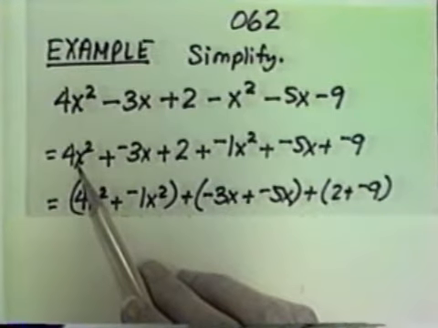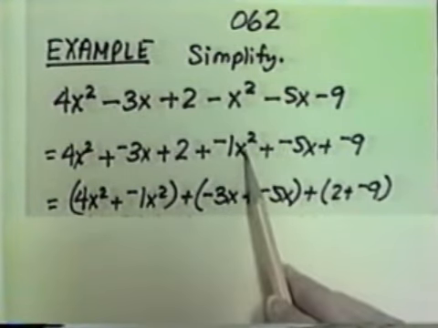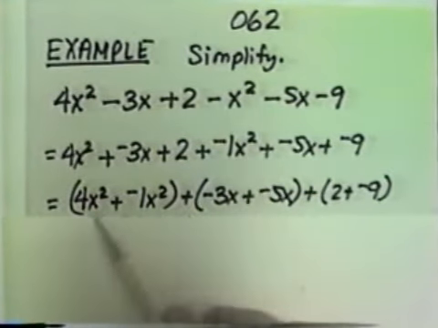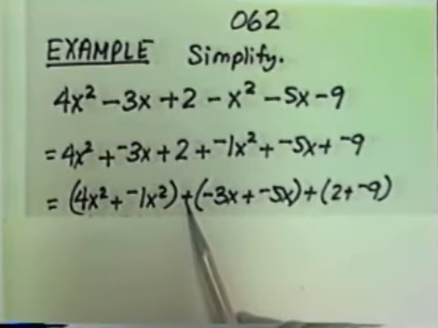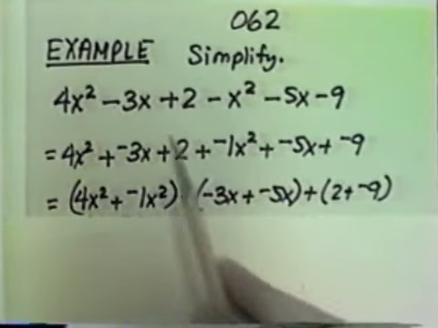4x squared and negative 1x squared have the same variable part, therefore they are like terms. We write them together in the first set of parentheses. Then we add. Be careful, don't leave out this add symbol. We add the next ones that are like terms.